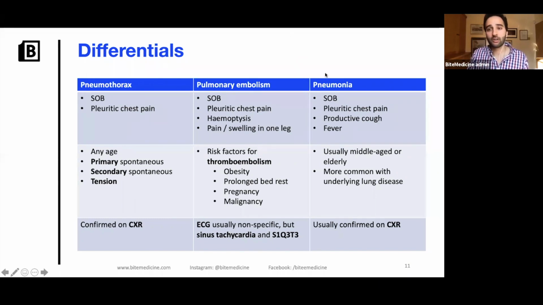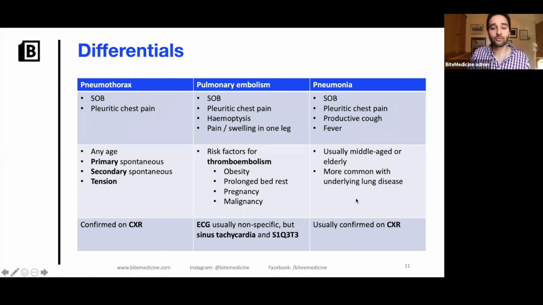Well, here are 2 really common causes, so pulmonary embolism and pneumonia. How are you going to differentiate these 3 conditions? Well, PE, you can have hemoptysis, and you can have pain or swelling in one leg due to a deep vein thrombosis, DVT. Whereas pneumonia will often have a productive cough and fever. So in terms of symptoms, that's how you can differentiate the 3.